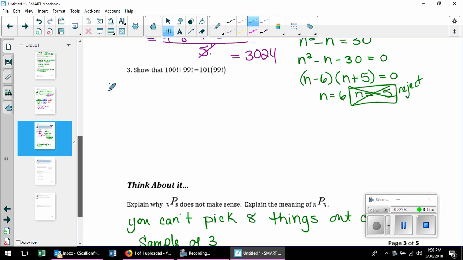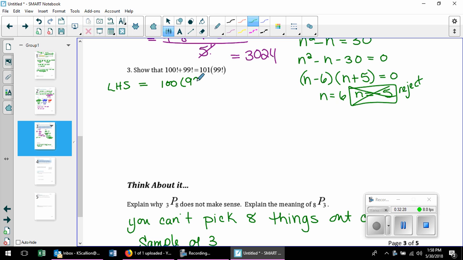I'm going to turn to the left-hand side. I'm just going to show you a one-sided group on this one. I can write it in a T-chart, I just don't think I'm going to have enough room. So let's look at the left-hand side. The way I would attack this is I would start expanding. So 100, what's my next number? 100 times 99.